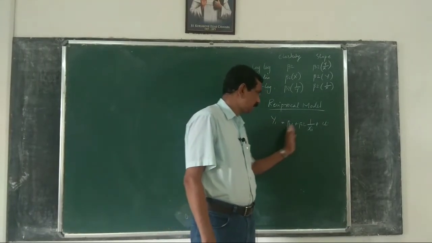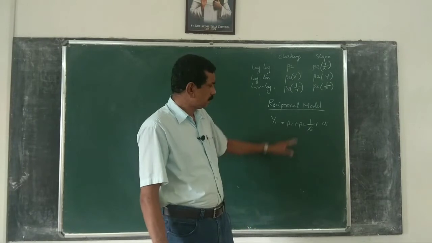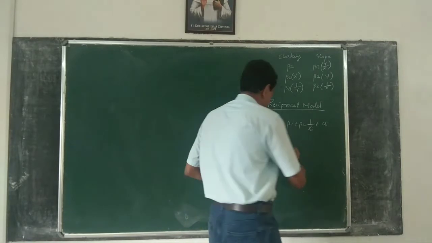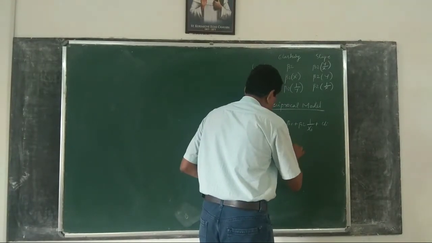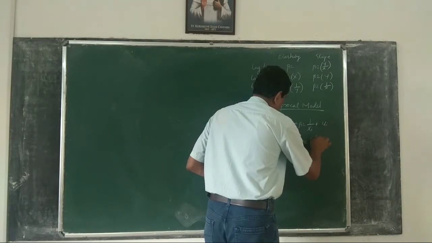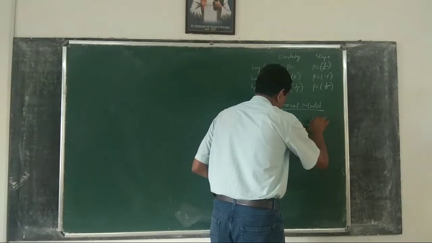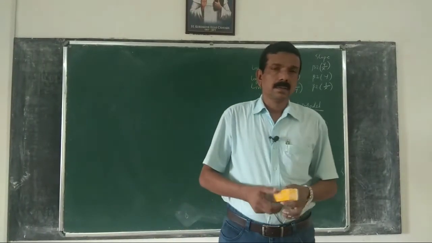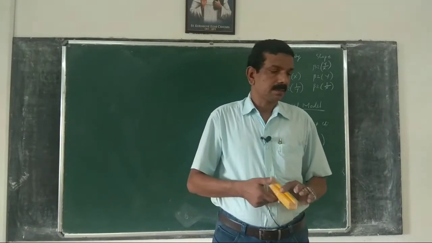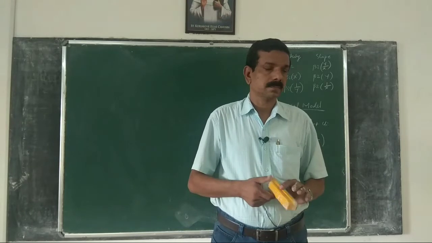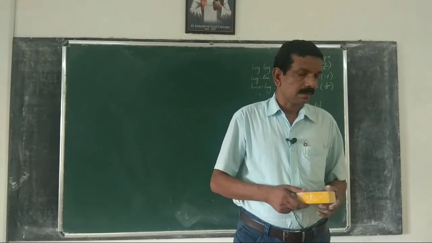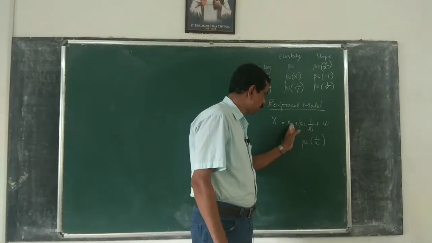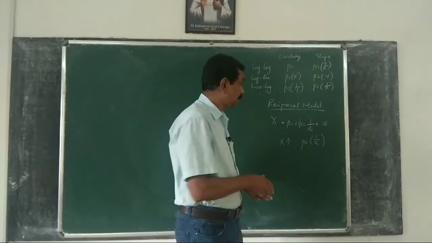Now, let us see what is the feature of this model. As you can see, as x increases indefinitely, the term beta 2 into 1 by x approaches 0, and naturally y approaches the value beta 1, which is known as the asymptotic value.